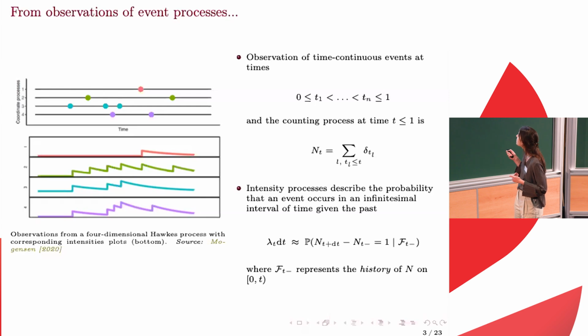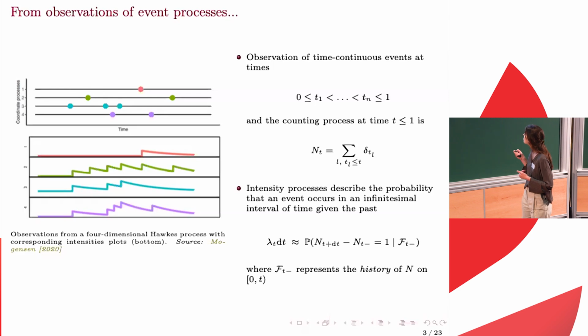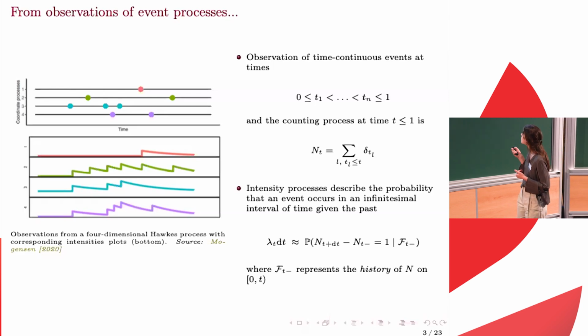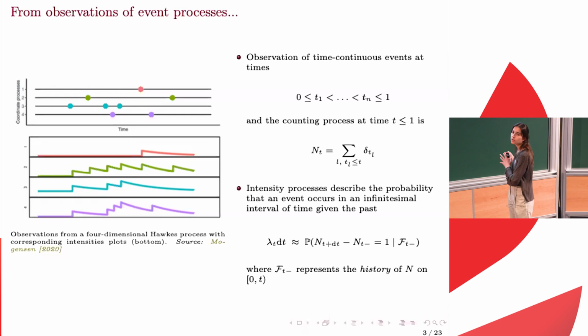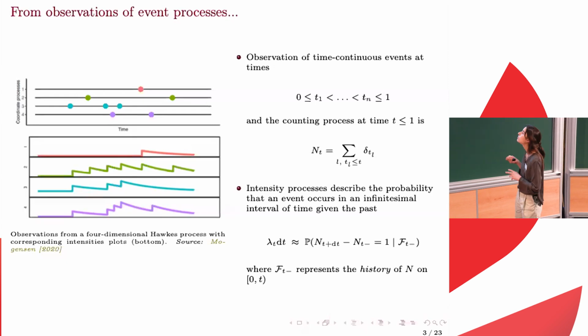The intensity process is this function lambda indexed by time, and it approximates the probability that there will be an event in my infinitesimal time interval dt given the past, which is represented by this sigma algebra. It's just the information that I have until my time t.